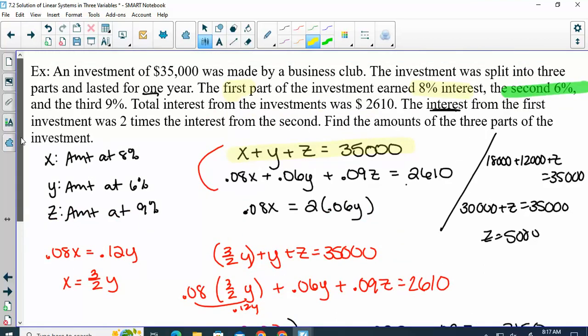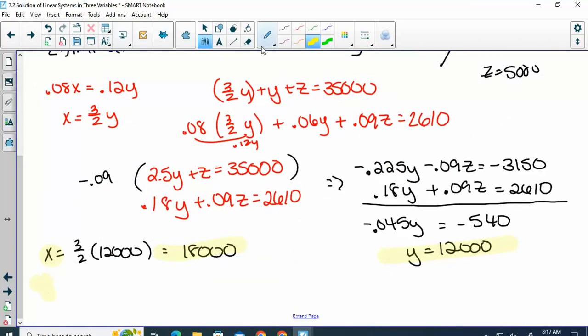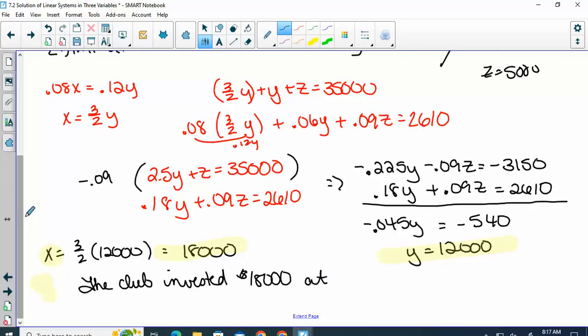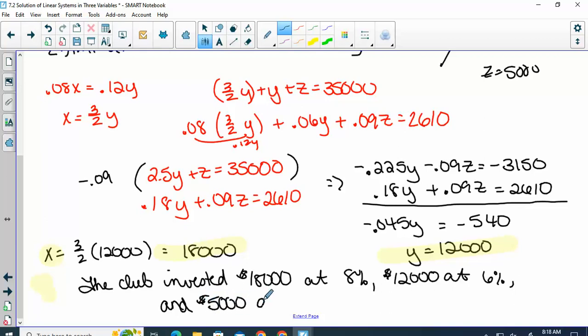Alright, so we have to answer in a sentence. So the club invested 18,000 at 8%, x was the amount at 8%, $12,000 at 6%, and $5,000 at 9%.